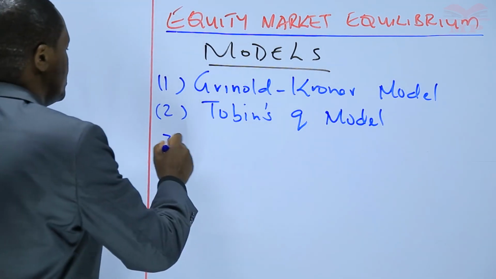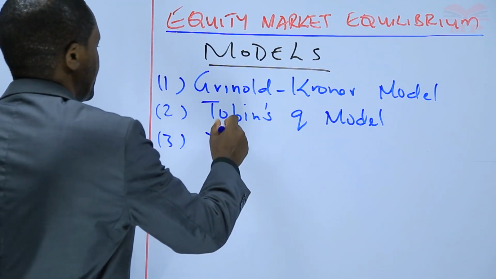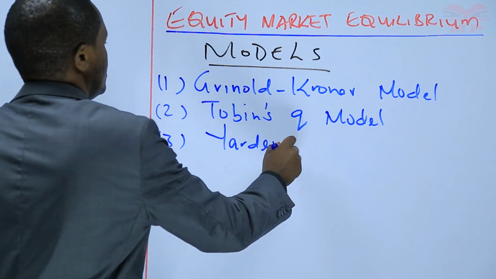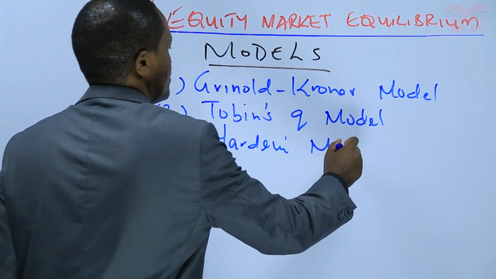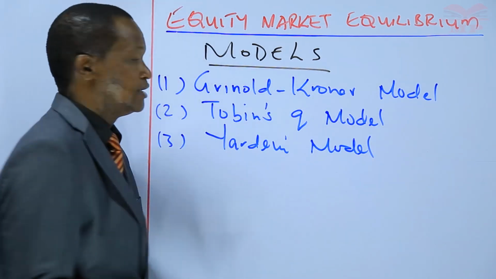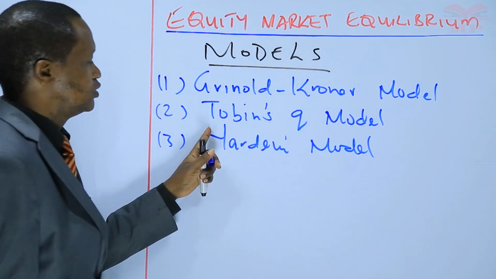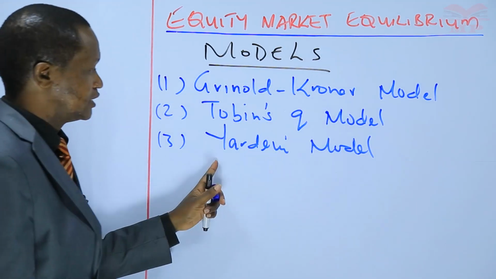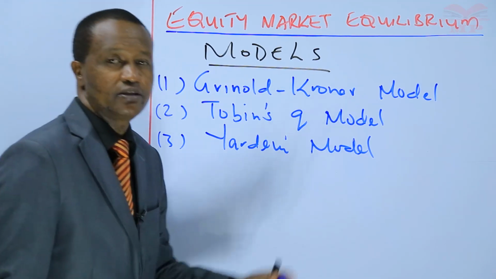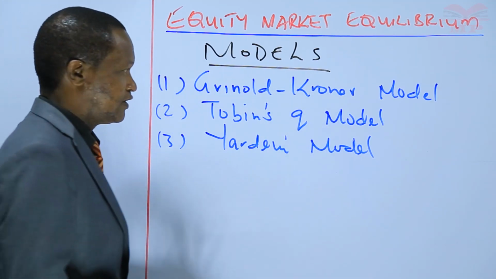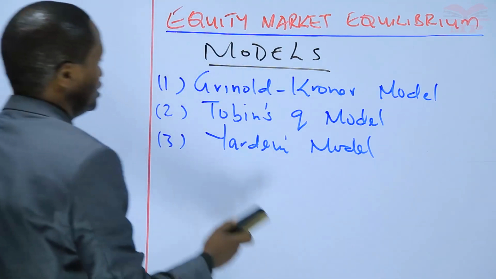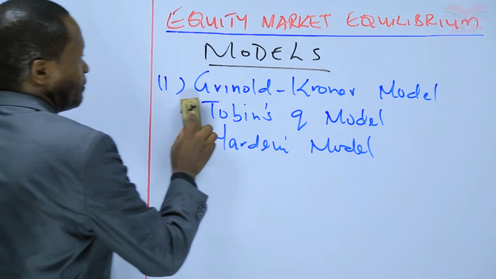The third model we will discuss is Yardeni model. 3 models. Number 1, Greenwald-Kroner model. Number 2, Tobin-Q model. Number 3, Yardeni model. In today's lesson, we'll cover the first model, which is Greenwald-Kroner model.